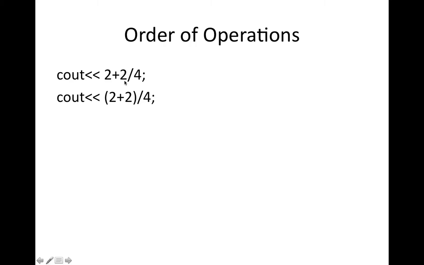So C++ will do the 2 divided by 4 first, and since it's doing integer division, 2 divided by 4 is 0.5, it truncates off that 0.5. So according to C++, integer division of 2 divided by 4 is just 0. So C++ will output 2 plus 0, which is 2.